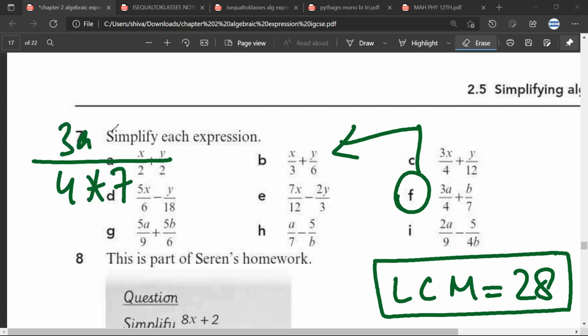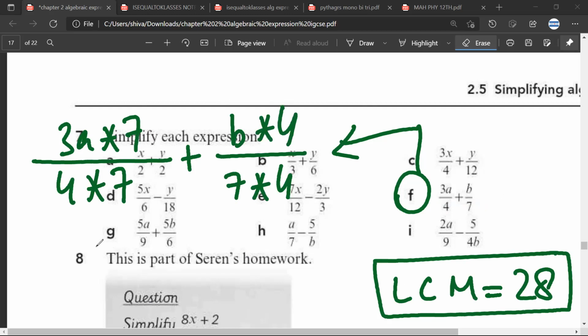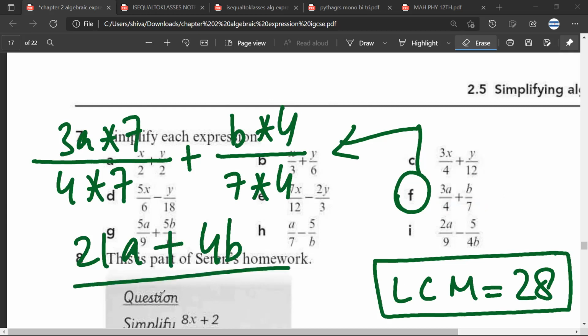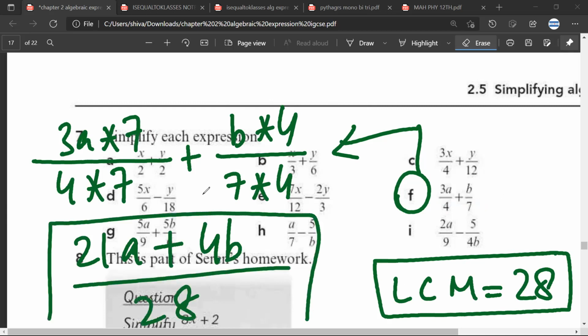Then we have to do 3a plus b upon 7 into 4. So then we have to do 3a. Have you understood? Yes, sir. Mr. Ariman, any doubt? No, sir.